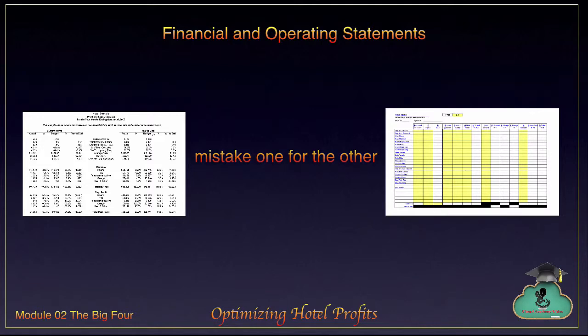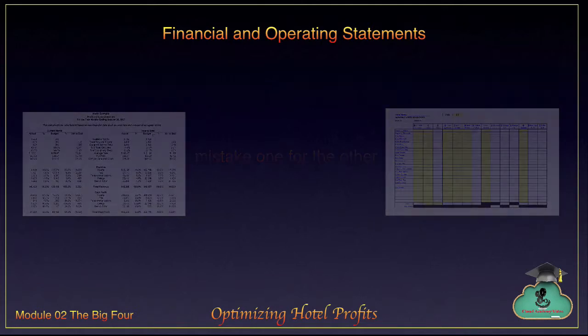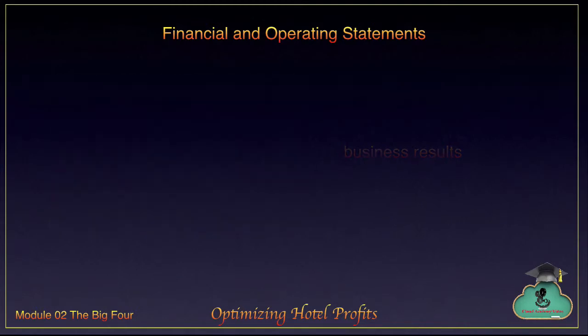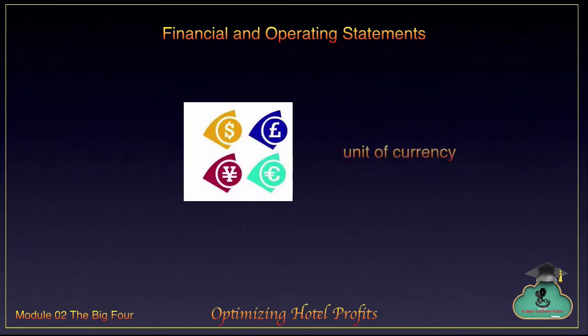Taking a loose definition, financial statements are statements that show the financial or business results of your hotel. Financial statements are always stated in monetary terms. That means in money value. And this usually takes the form of one or another unit of currency.